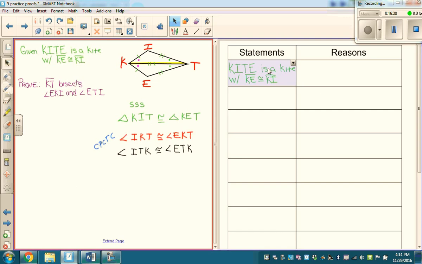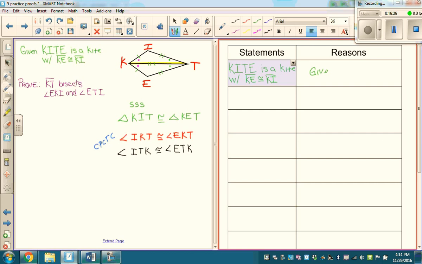And then from the fact that I have a kite, I already know that those two are congruent. So I have one congruent statement already. So I need to write my other congruent statement, which is IT is congruent to ET.